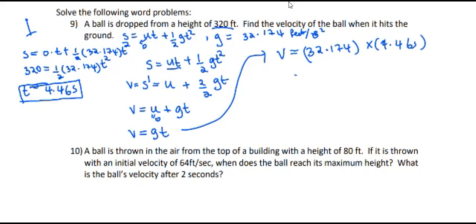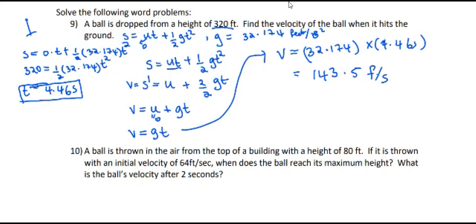If we multiply all of this out, we get that the velocity when the ball hits the ground is going to be 143.5 feet per second.